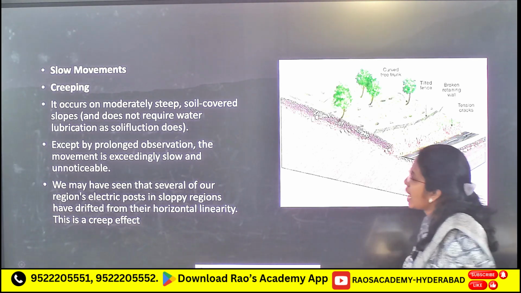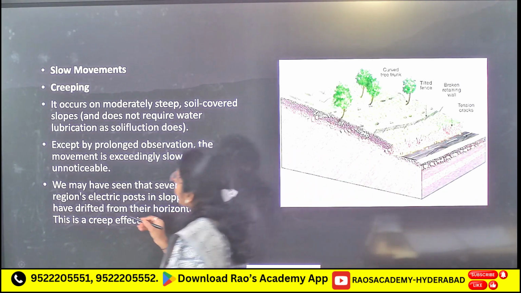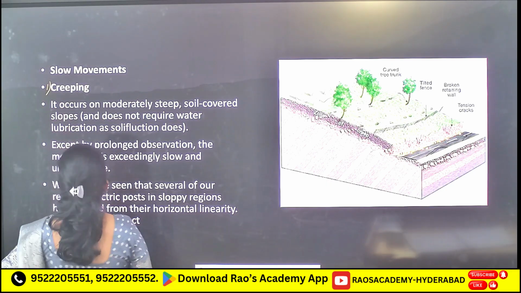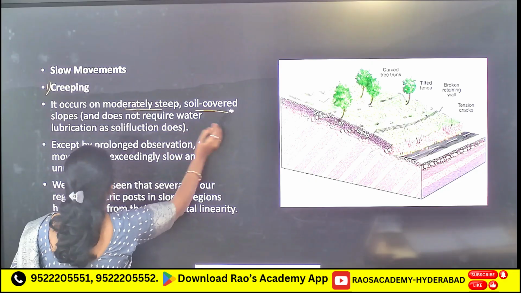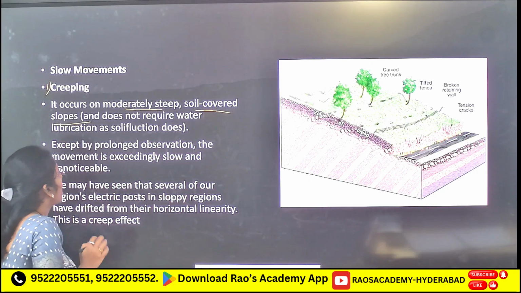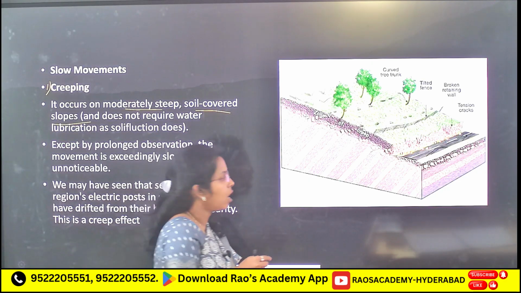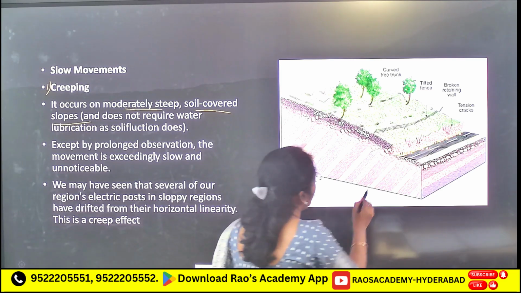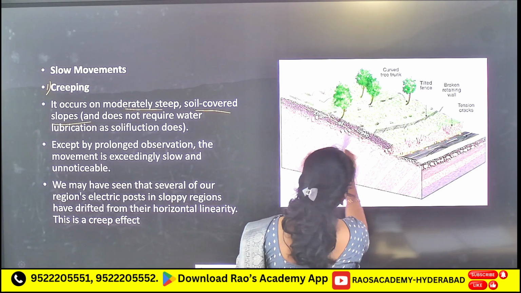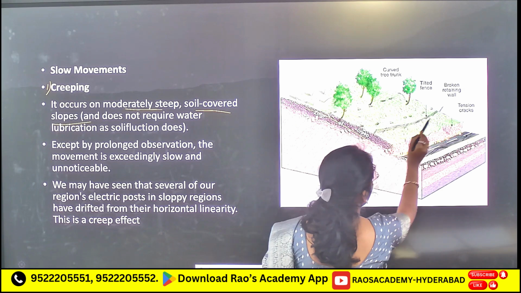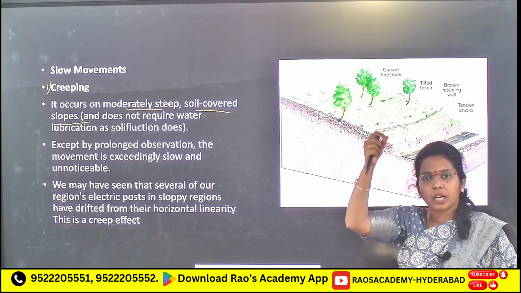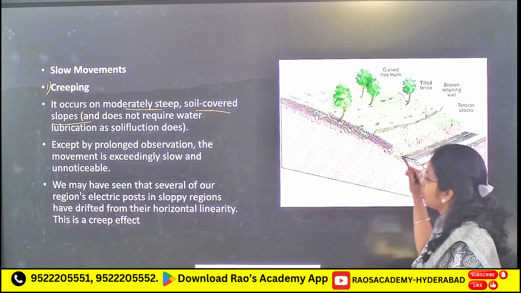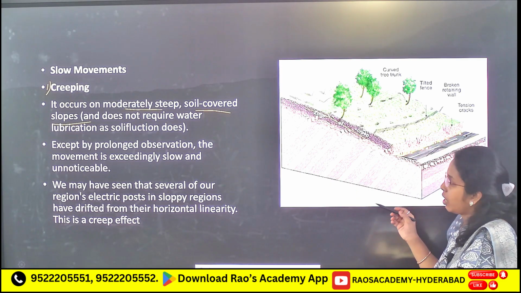Slow movements, creeping first. Under slow movements we will see creeping, on moderately steep, soil covered slopes, and it does not require water. In gentle slope areas you will see tilted fences, tilted iron poles. Have you ever observed this?